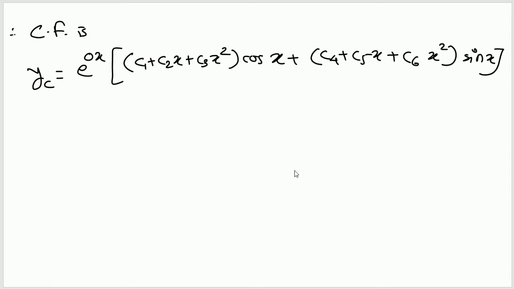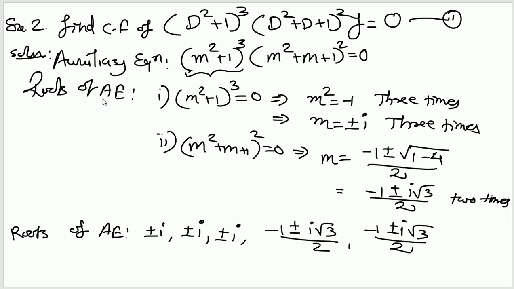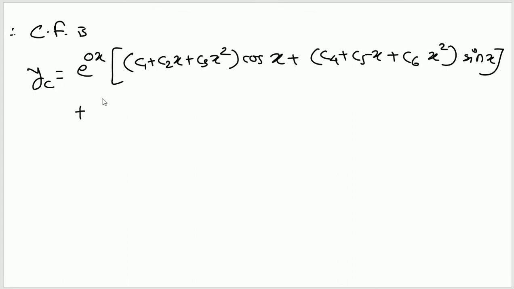This is for first 6 roots, plus now in second roots we have (-1 ± i√3)/2 twice. Right, so real part is -1/2 and imaginary part is ±i√3/2. Therefore here we'll get e^(-x/2) into, now we have √3/2 repeated 2 times.